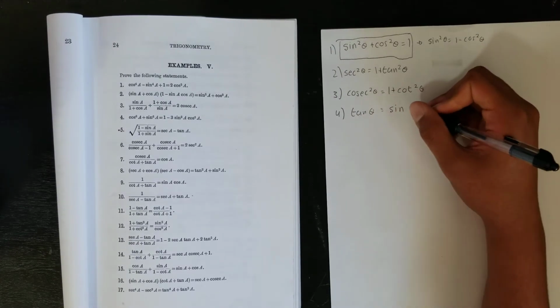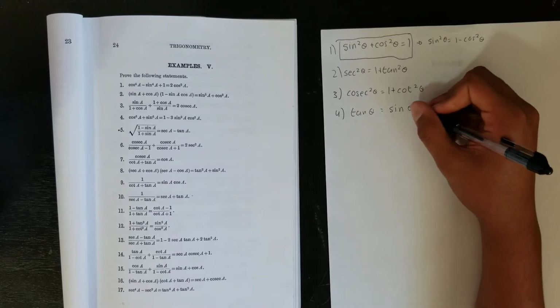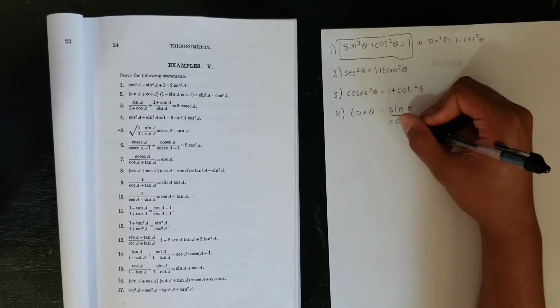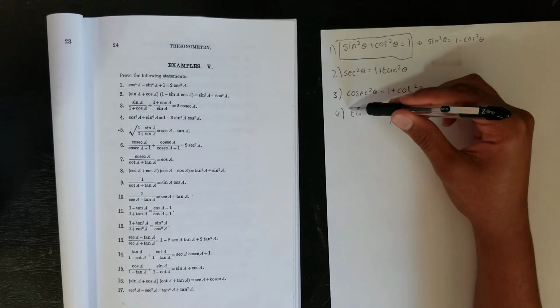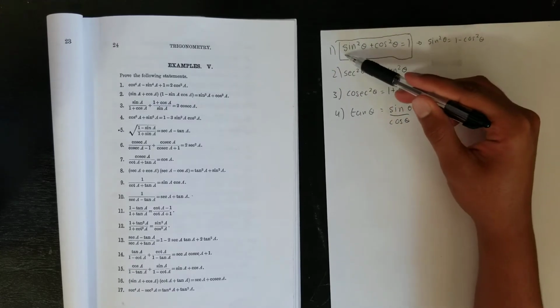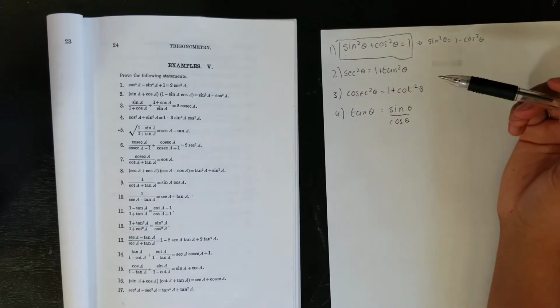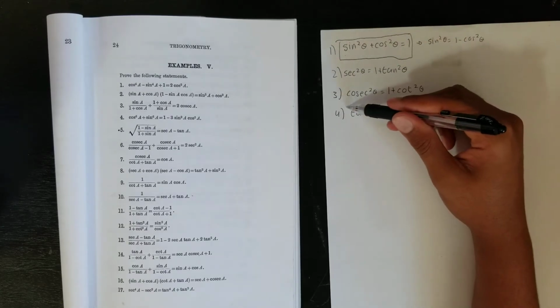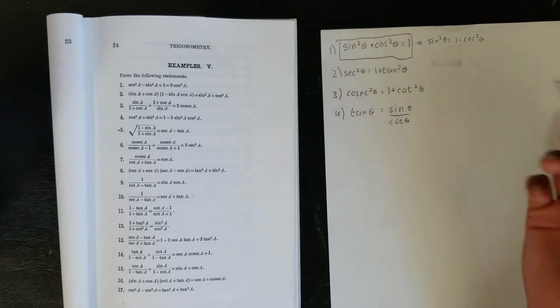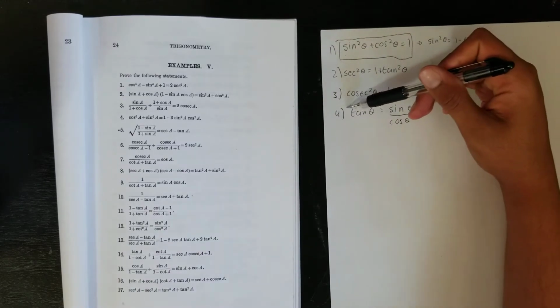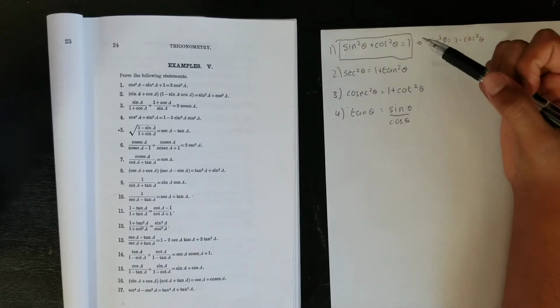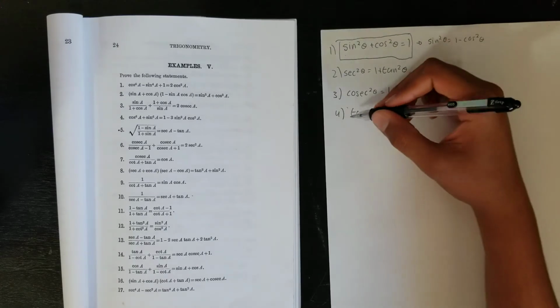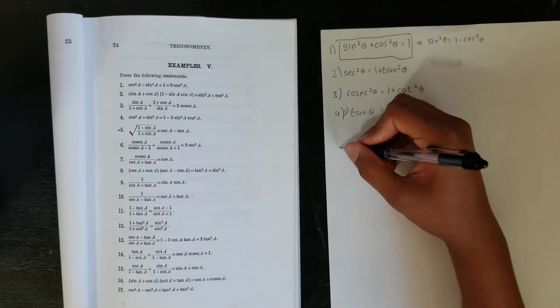So number 4: tan theta is going to equal sine theta by cos theta. Again, this is another big one, because sine and cos are some of the simplest to use. So if you're trying to switch anything you have into sine and cos, we have tan over here, so it's helpful for us to change it to sine and cos. So again, another very important formula to have.